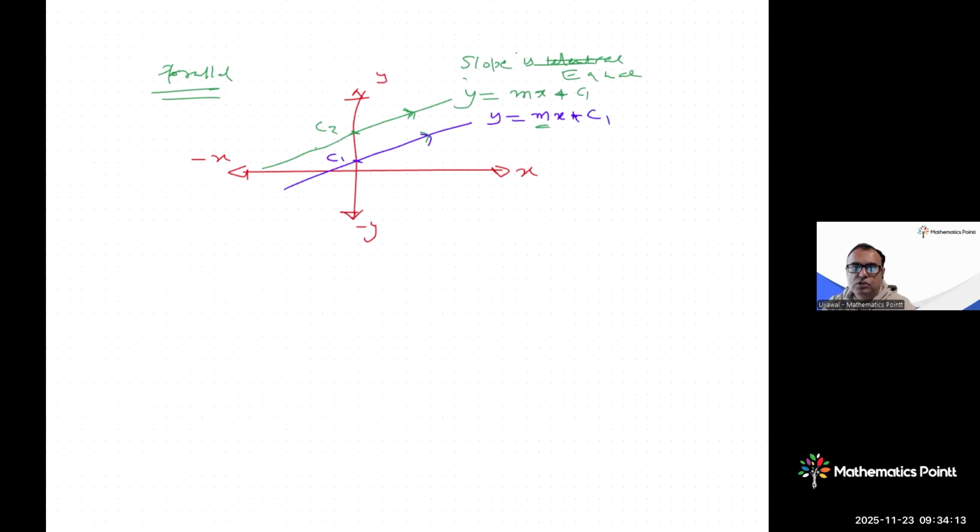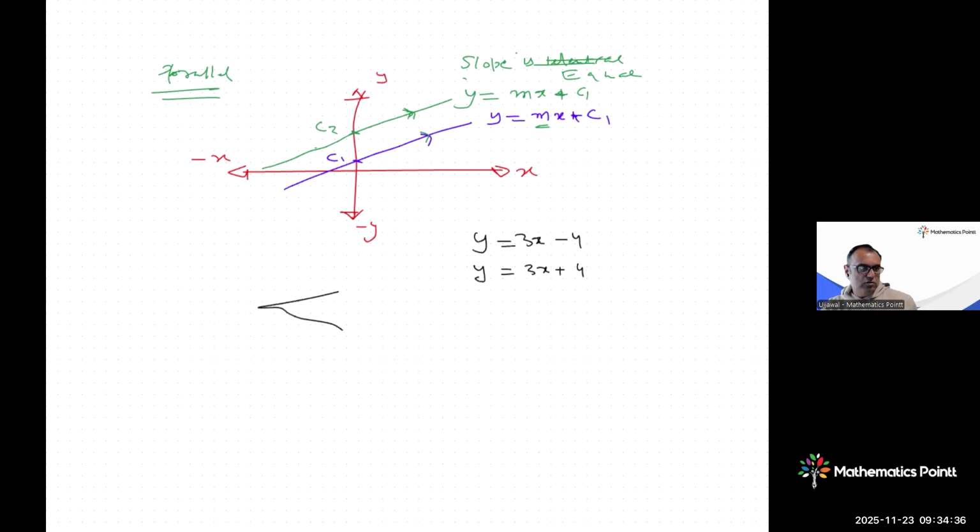Now, how do we use it? Let us say I'm given two random equations. Y equals to 3x minus 4 and y equals to 3x plus 4. And I am asked whether these lines are parallel or not.